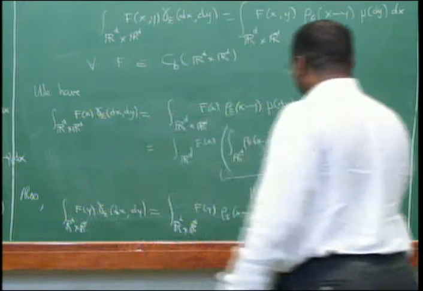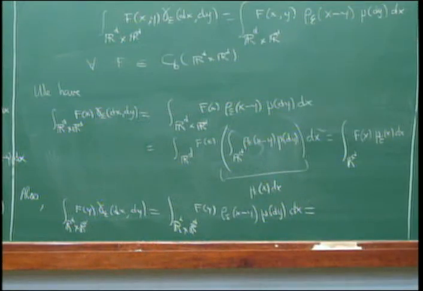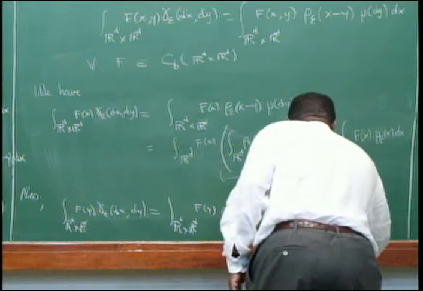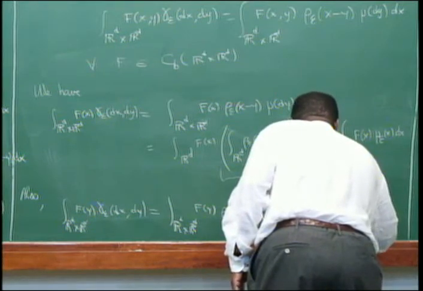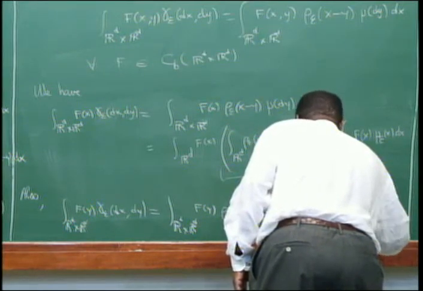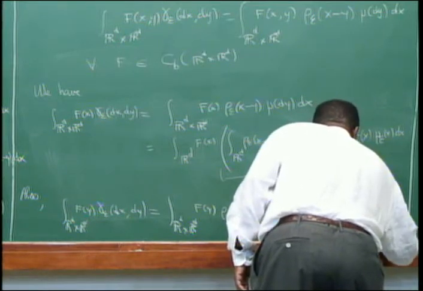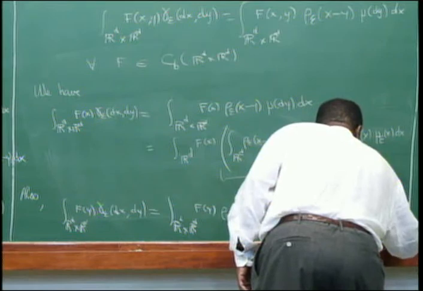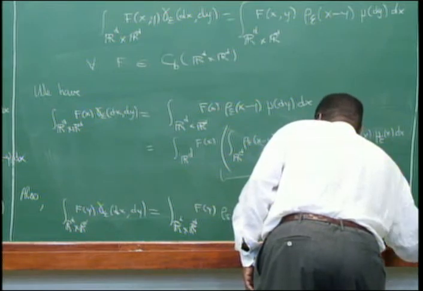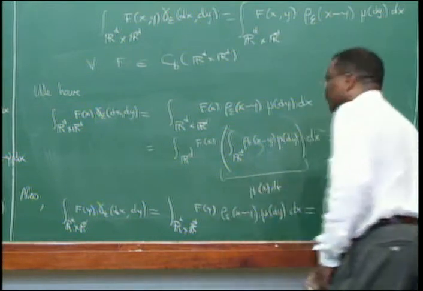I use Fubini again to say that it is the integral over Rd of f of y, mu dy, the integral over Rd of rho epsilon of x minus y dx.